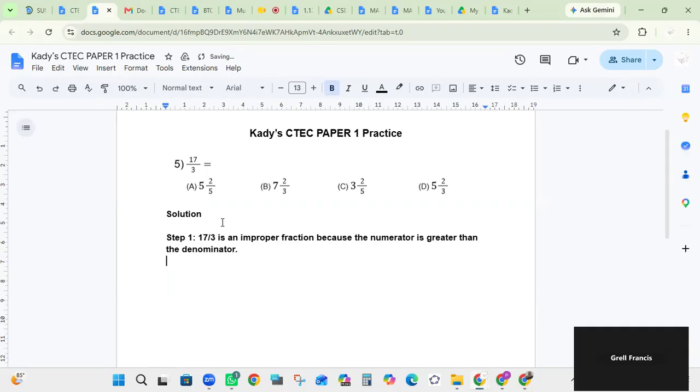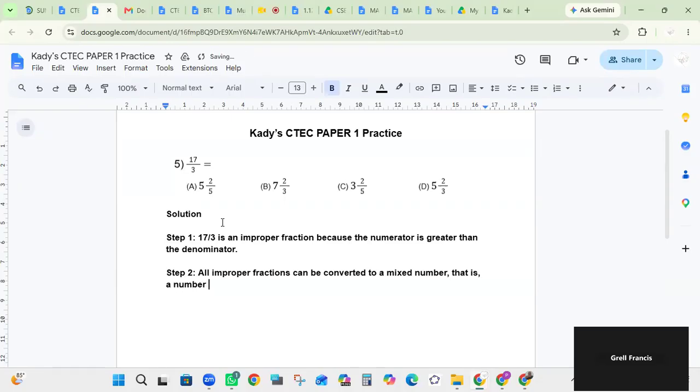Now, second step, step number 2, all improper fractions can be converted to a mixed number. That is a whole number and a fraction. Exactly, a proper fraction.